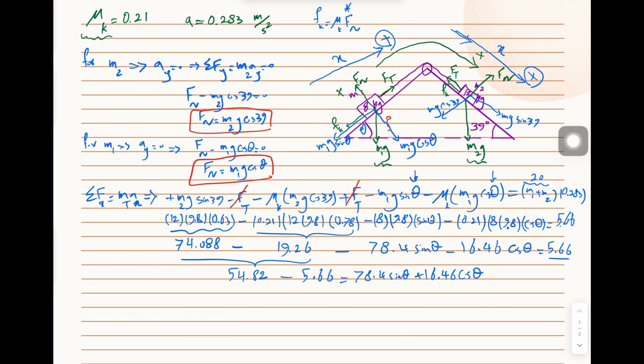Okay, now if I subtract 54.82 minus 5.66, it's gonna be 49.16.